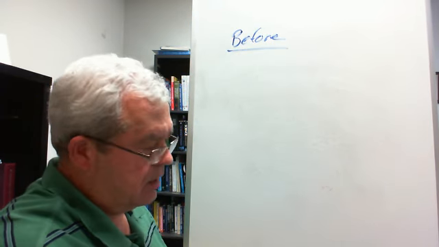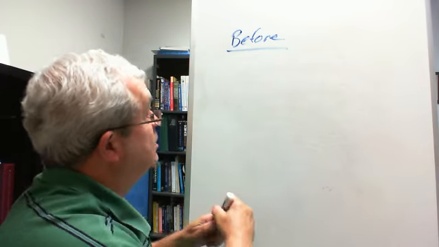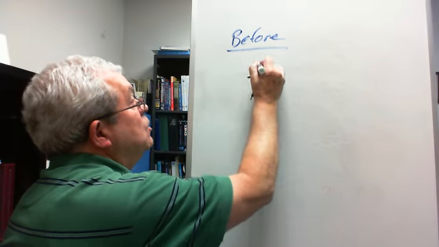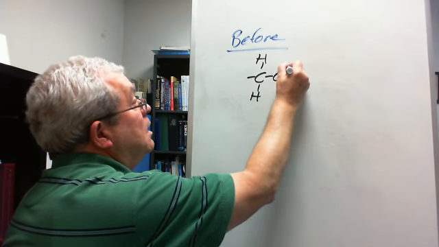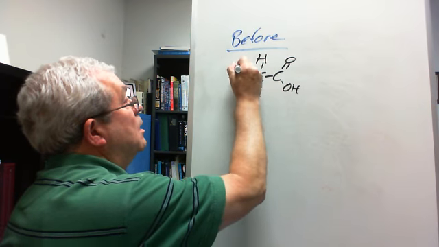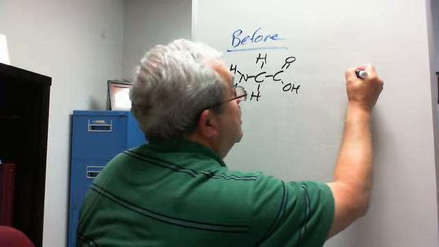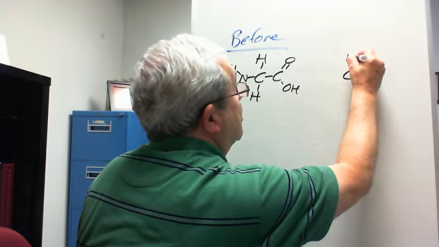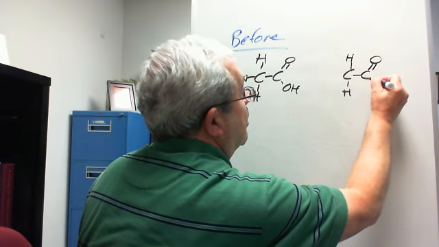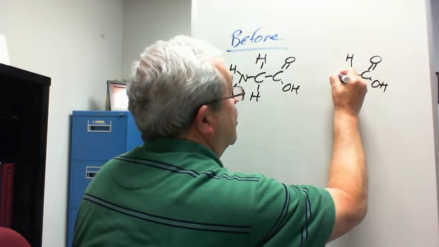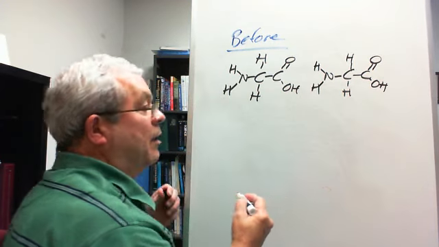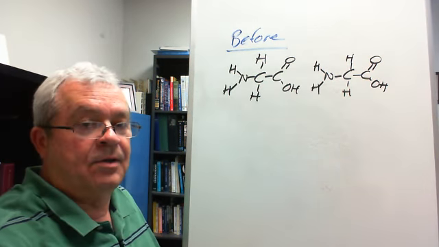And so, didn't really mean to pick up the blue one, but let's switch down to black and represent two glycine molecules not hooked together. There, that represents two glycine molecules not hooked together.